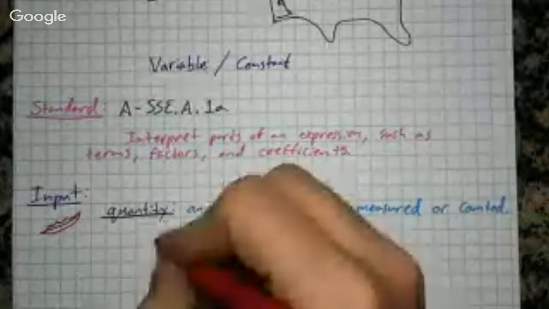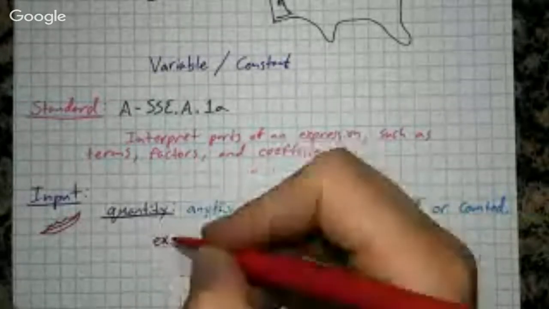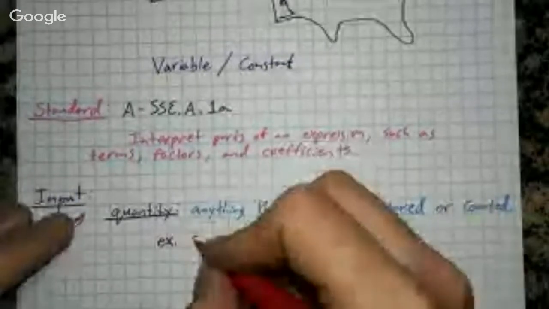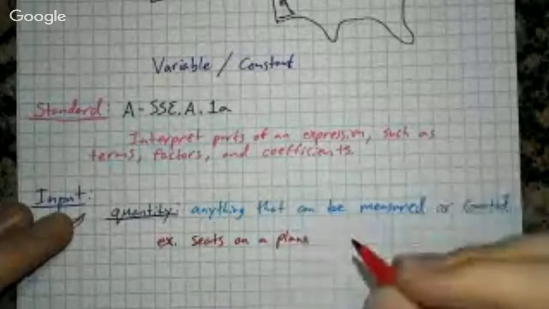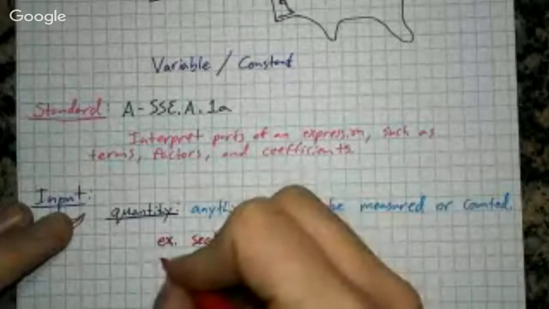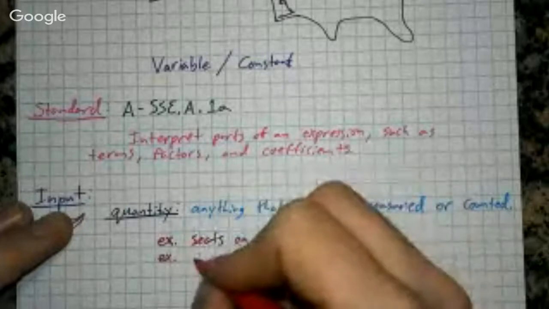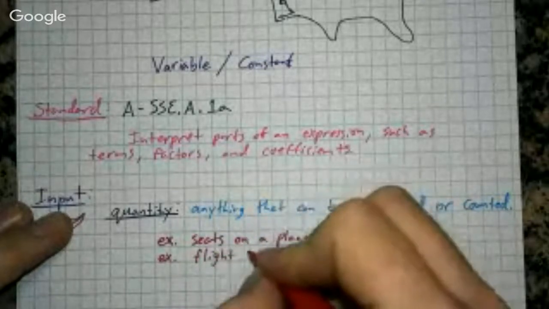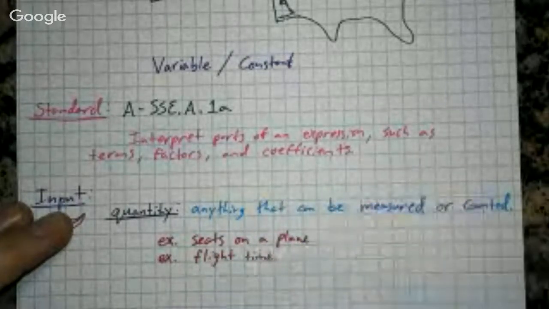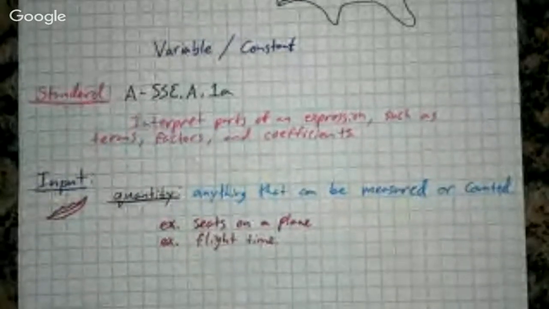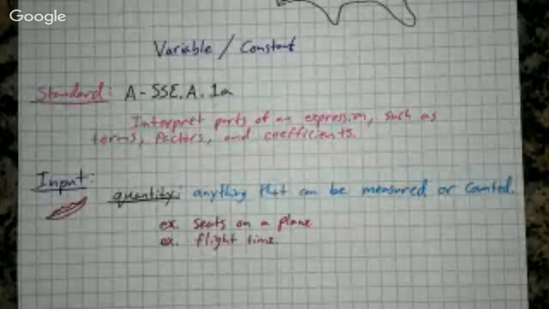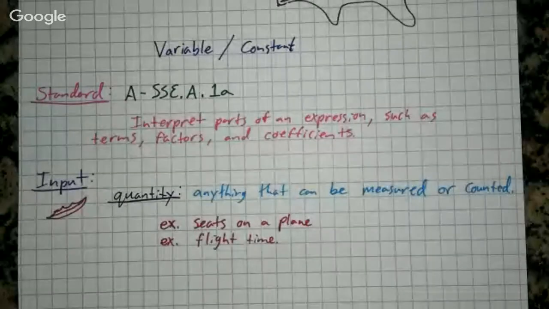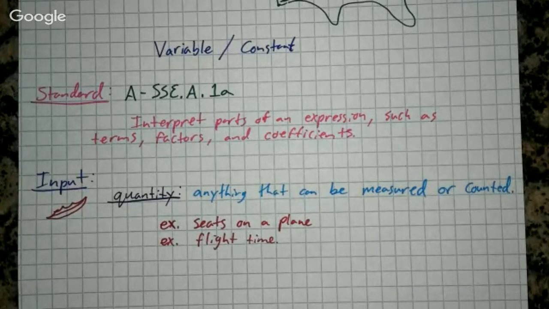For example, 2 things that we can measure and count: seats on a plane, and flight time. I can count seats in a plane by pointing to them and counting them off. I can count my flight time in hours or in minutes, hopefully not in days.